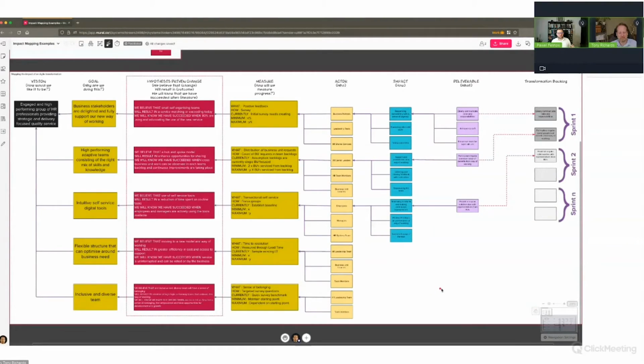I think this is a very powerful example showing transparency, how visible it is. Imagine a situation where this map wasn't built and the transformation carried on just with the vision and a set of goals. We would lose a lot of information, a lot of links, especially in the case of a very global transformation, with multiple time zones involved.